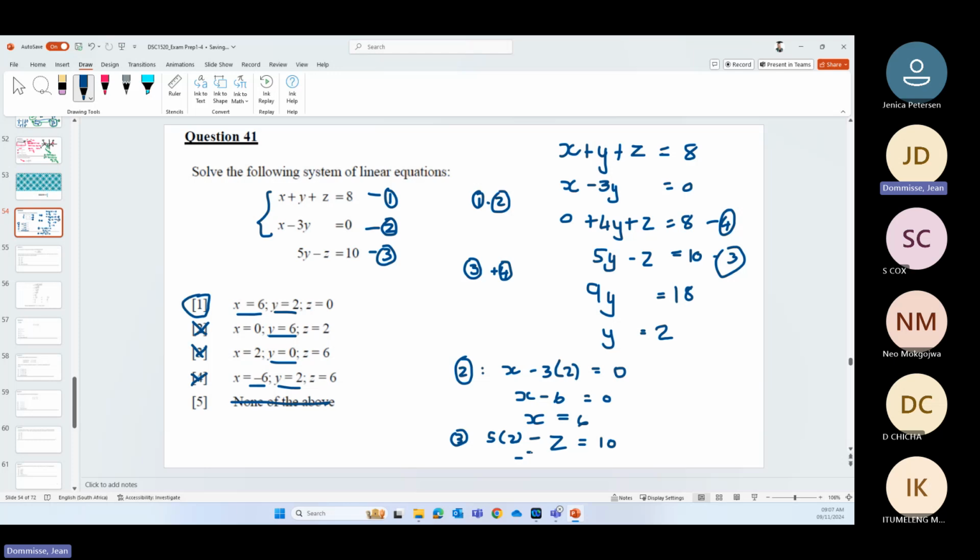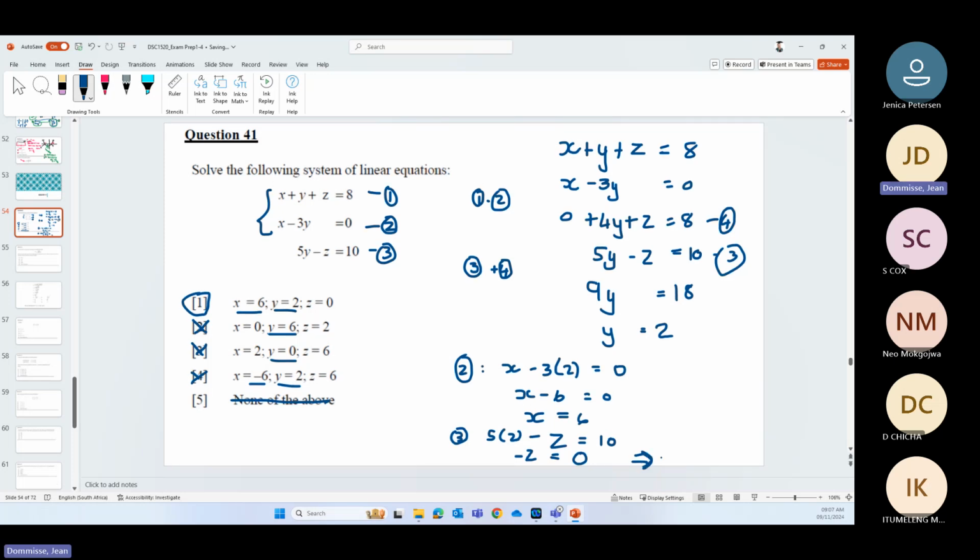So minus z, and that is 10, so 10 goes over. So 10 minus 10 is equal to 0. So z will be equal to 0. And there we have it.